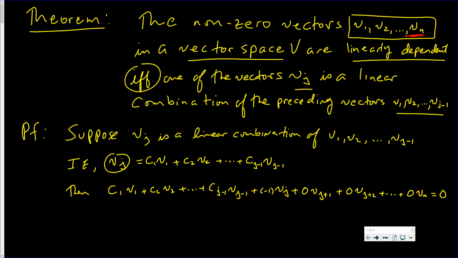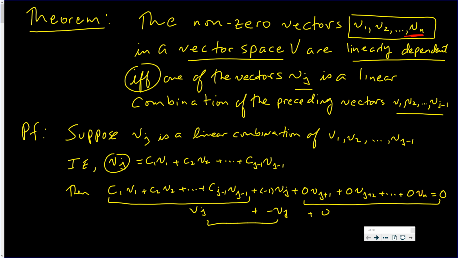Well, this equals 0. Again, this here is V sub j plus negative V sub j, which is 0, plus 0 is 0.